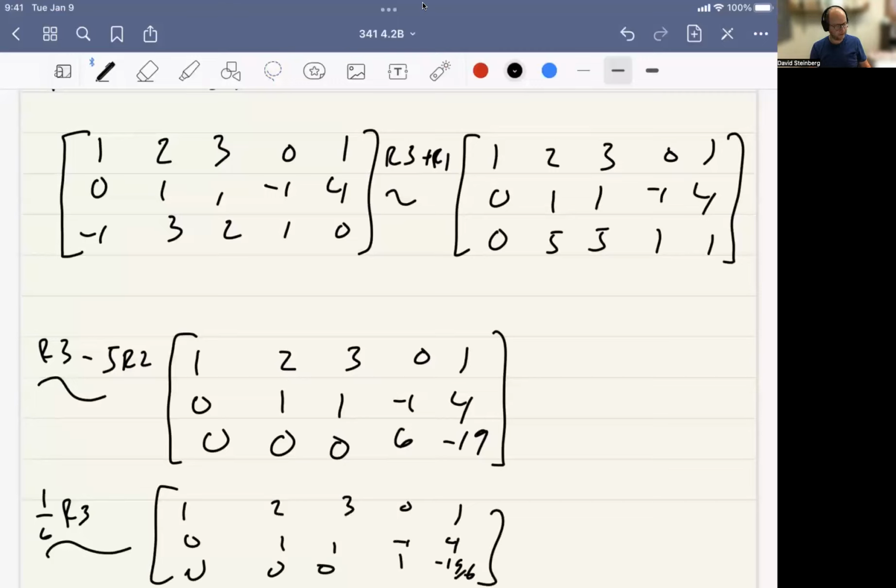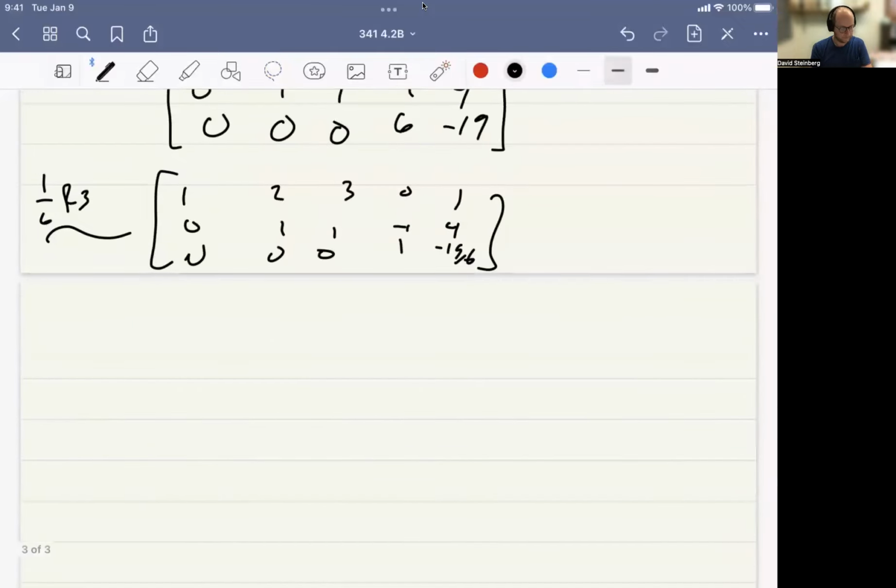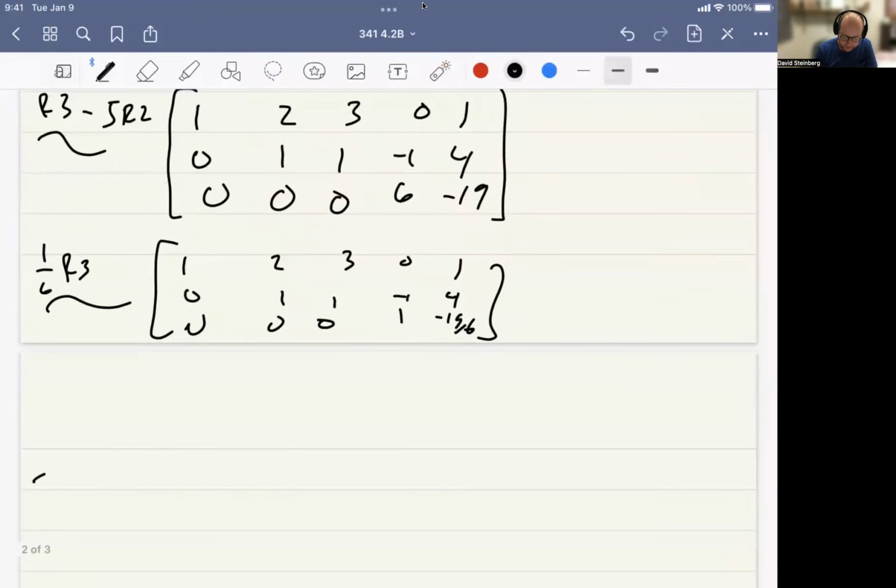And now we're in, or not quite. We'll use this one to kill off everything above here. Then we'll be all set. Or almost all set, we've got a couple moves left still. Let's see what we want.